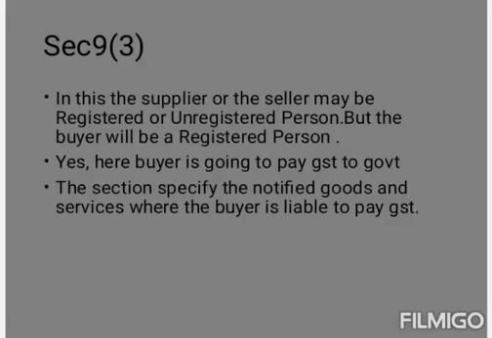The seller is not collecting GST charges from the buyer. The seller is only collecting the value of the invoice, or I could say the value of the products. What notified goods and what sort of notified services the buyer is supposed to pay GST on, we will see in the next slide.